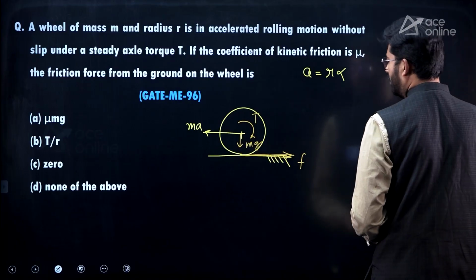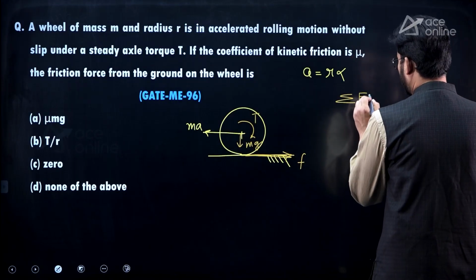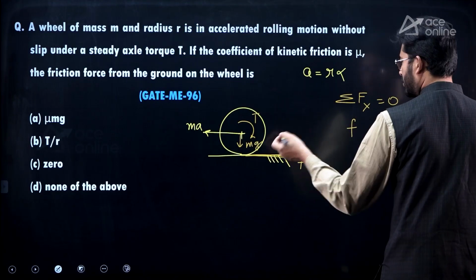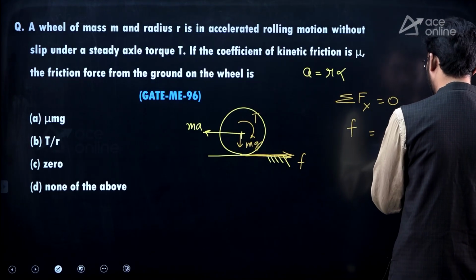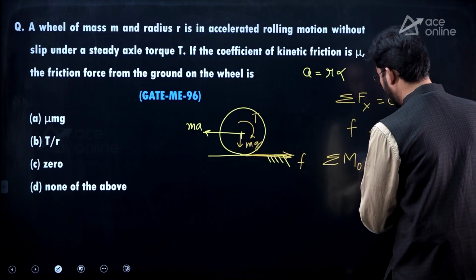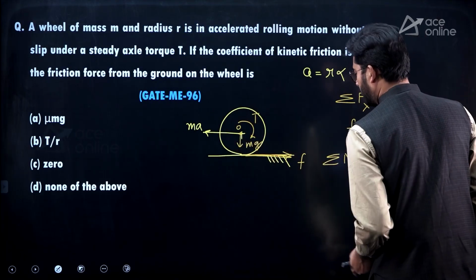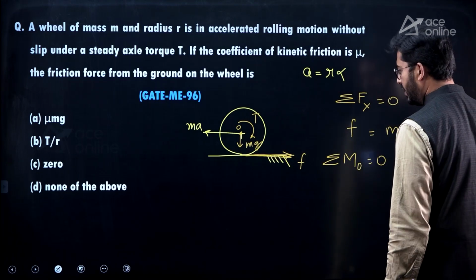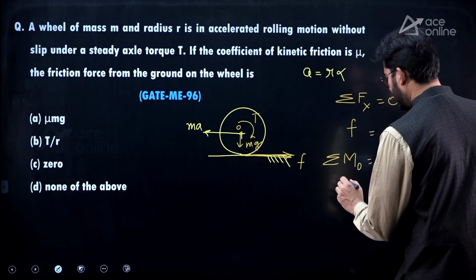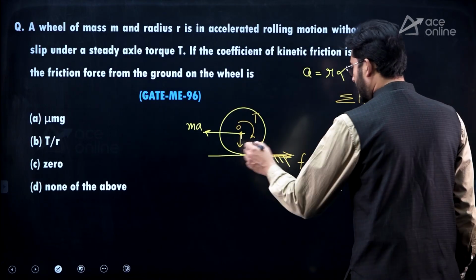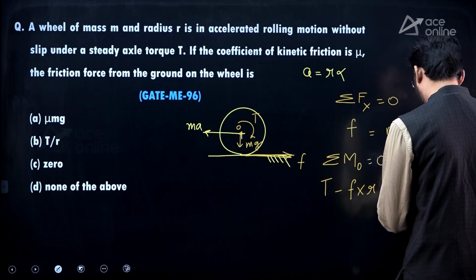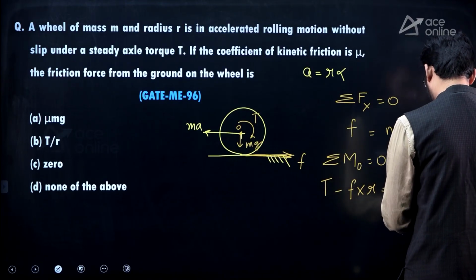If we go for equilibrium of forces, the summation of forces in the x direction is equal to 0. So the friction force is equal to m times A. In the same way, if I take the moments about the center of mass, the point O, that is T minus friction force into R is equal to I times alpha.